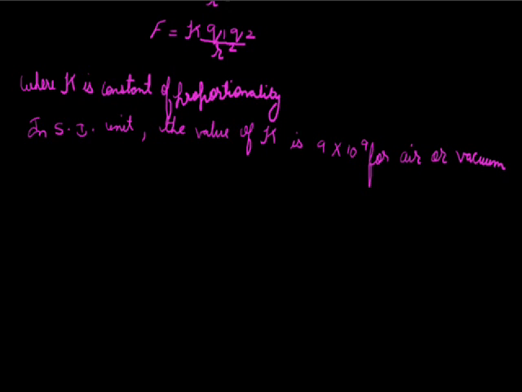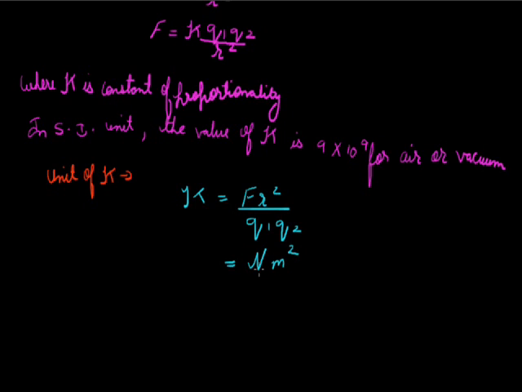Now we will calculate the unit of K. K is equal to F into R square by Q1 Q2. Force is measured in newton, distance in meter, and charges in coulomb.